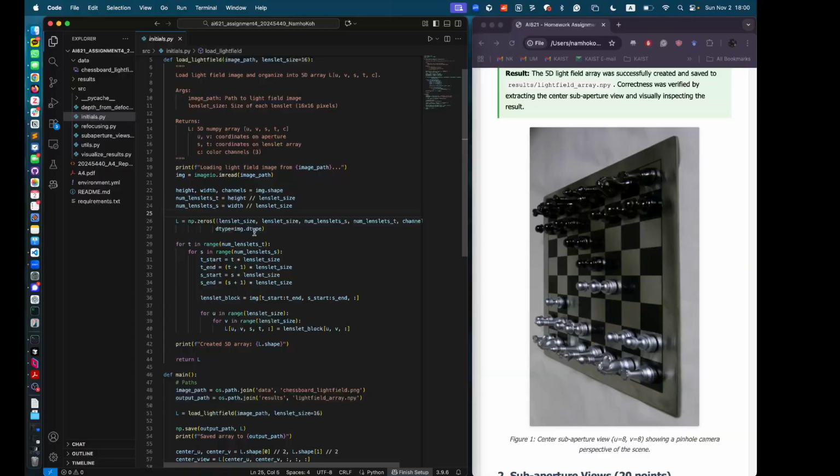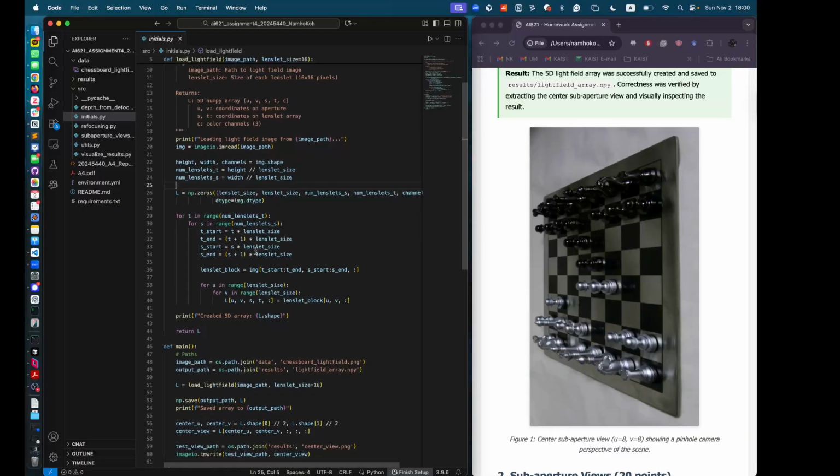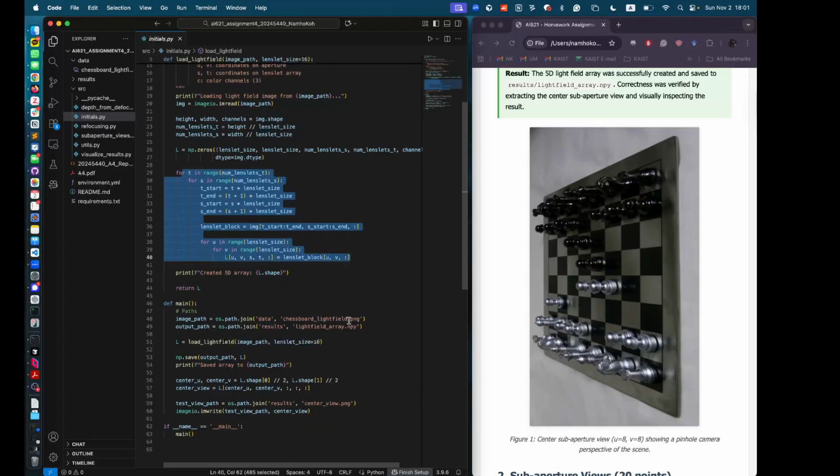The reorganization happens in the nested loop from line 29 to 40. For each lenslet position, we extract the 16 by 16 pixel block from the input image, and then distribute each pixel to its corresponding position in the 5D array. Each pixel at position UV within the lenslet block represents a ray through a point on the aperture.